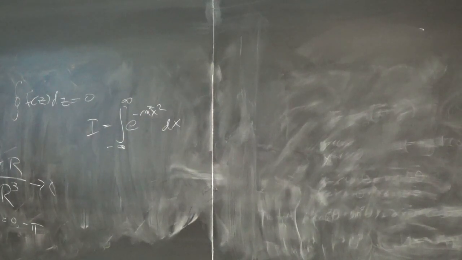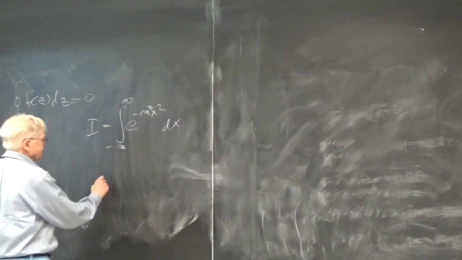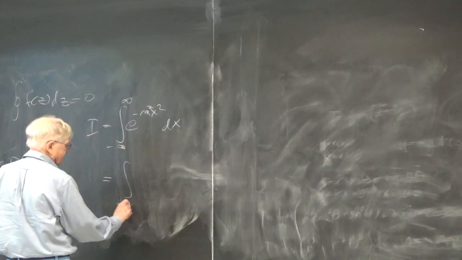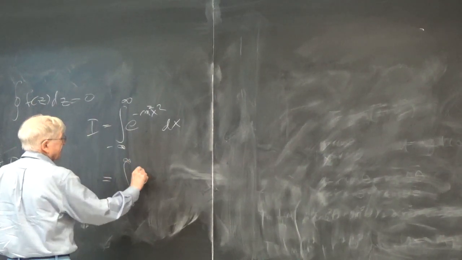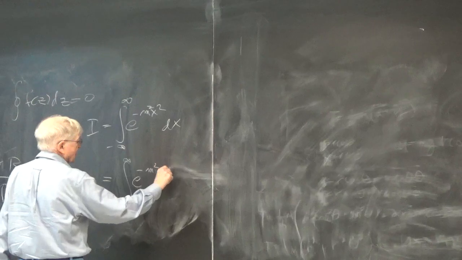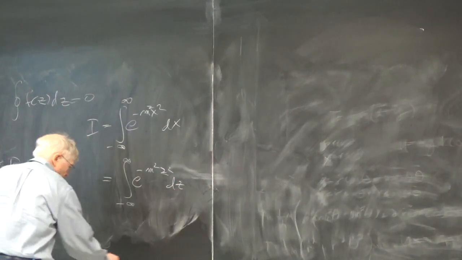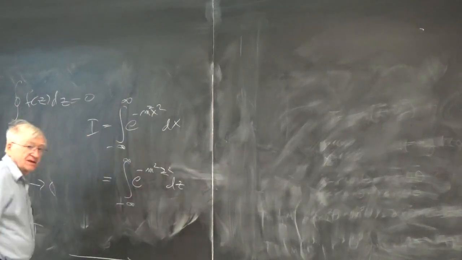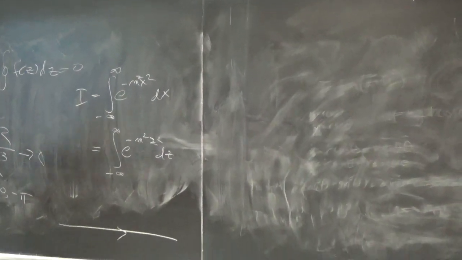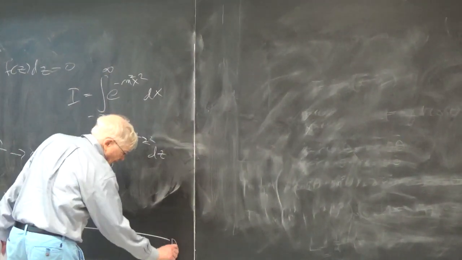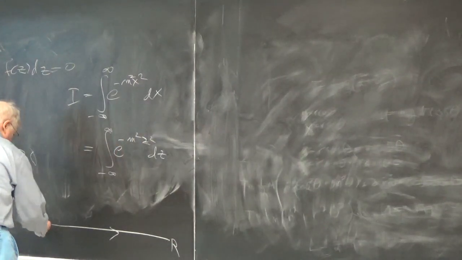So we want to do this integral, and we can say, well, this is a complex integral, e to the minus m squared z squared dz, and we're integrating this way on the real line. But now we can imagine we're going out to r, and we're coming back.